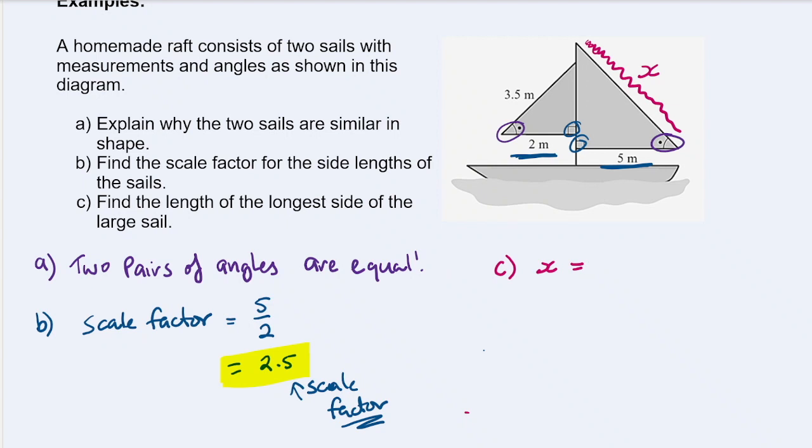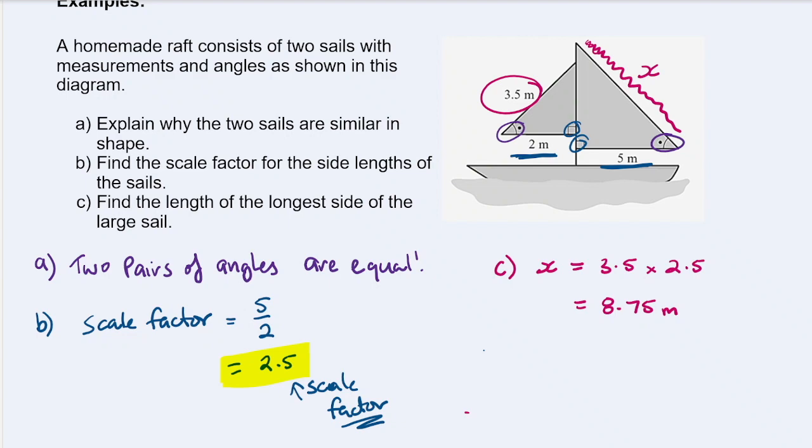So we know that it matches up with the 3.5. We're going to multiply it by our scale factor of 2.5, and that's going to get us 8.75 meters. That's it for that question.